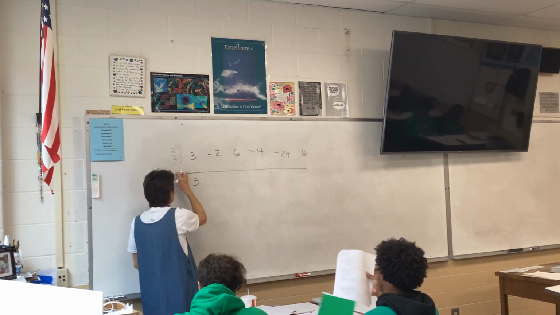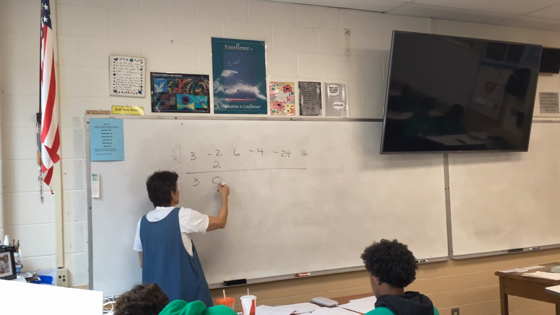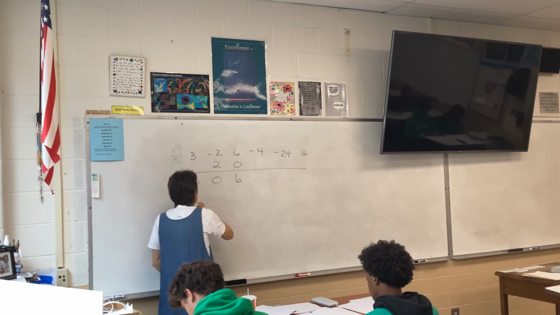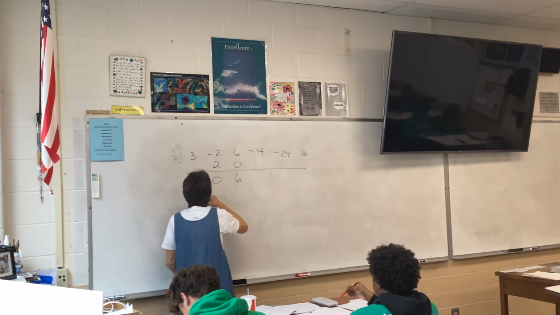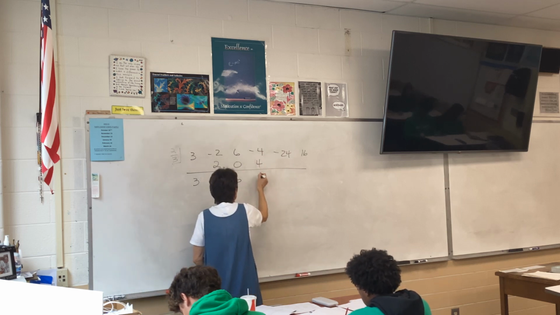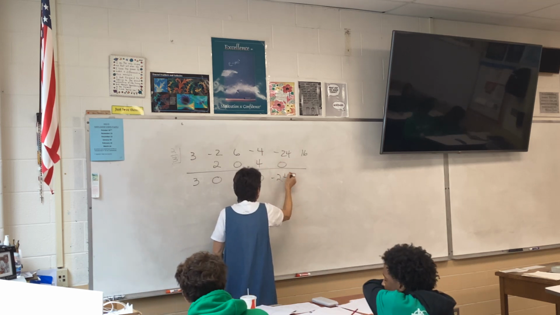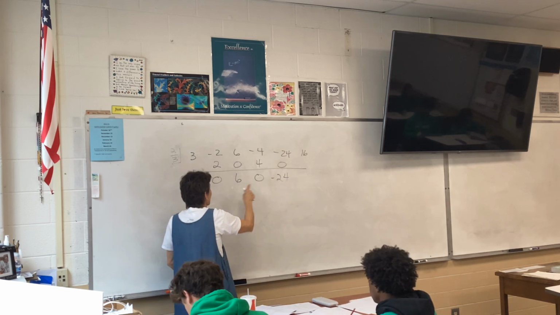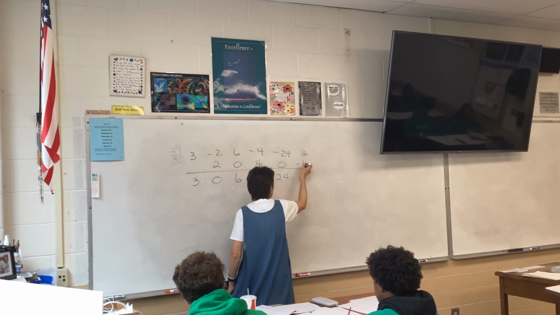So here we go. 2/3 times 3 is 2. 2/3 times 0 is 0. 2/3 times 6, 4. Well, this is working out great. 2/3 times 0. 2/3 times negative 24. Negative 16.